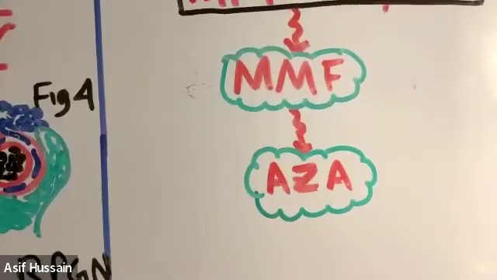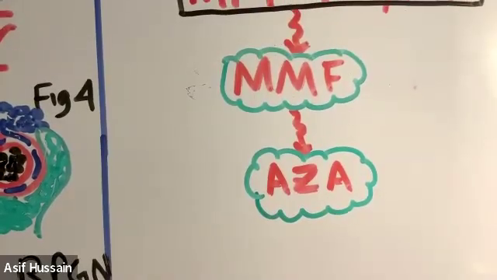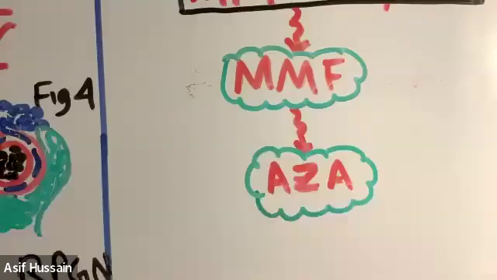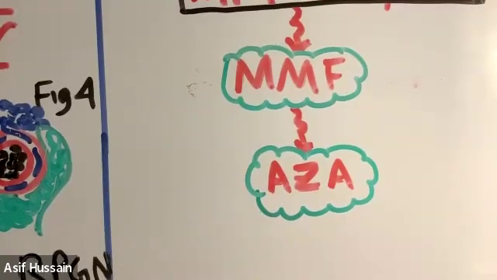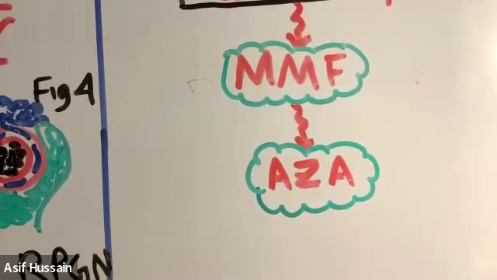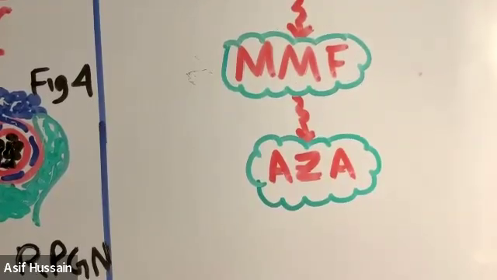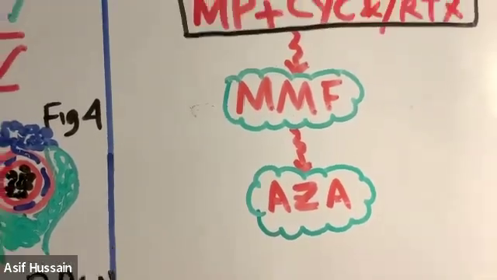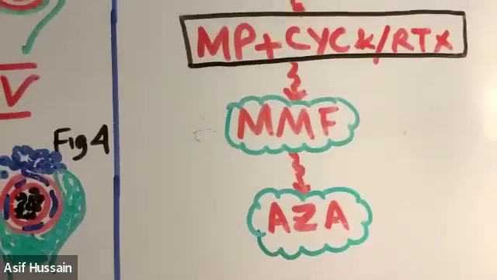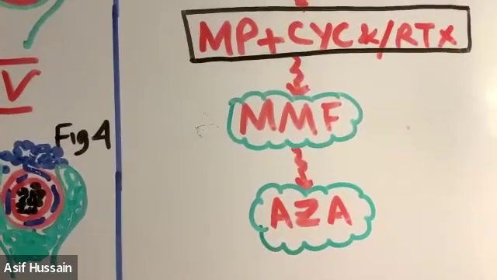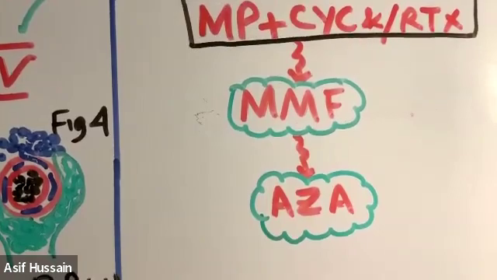So mycophenolate can be an initial option for mild to moderate glomerulonephritis, but it can also be an option for maintenance therapy in severe cases after induction has been achieved with methylpred and cyclophosphamide or methylpred and rituximab.